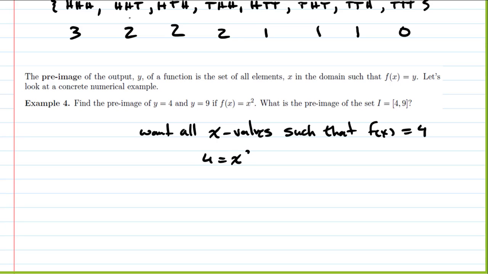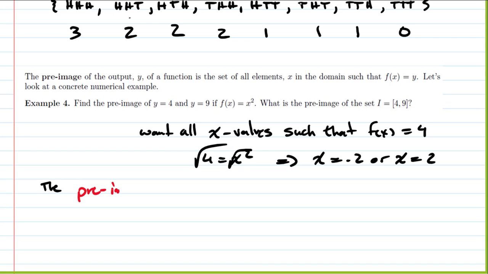If we solve that equation by taking the square root, we get x is equal to -2 or x is equal to +2. So the pre-image of y equals 4 is the set {-2, 2}.